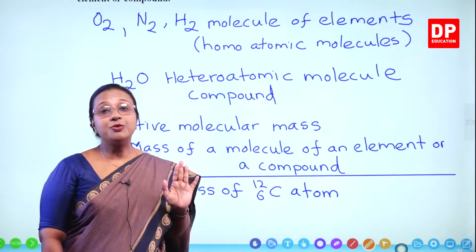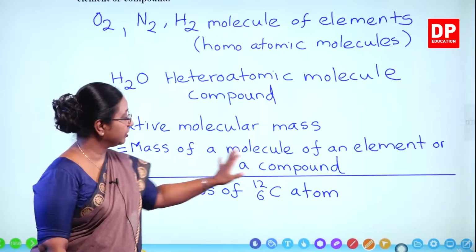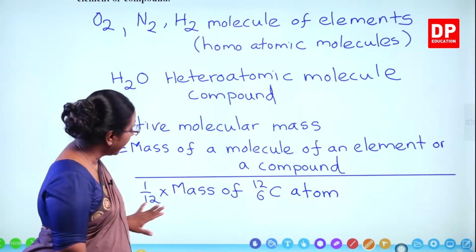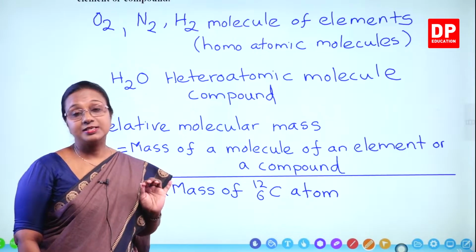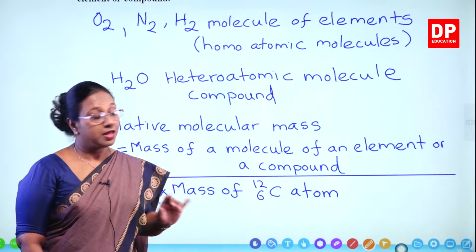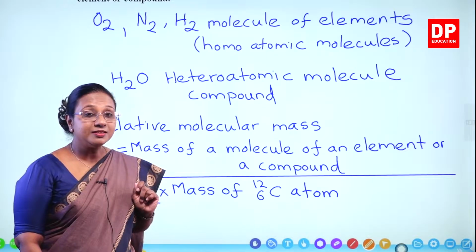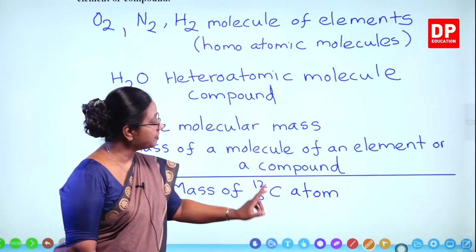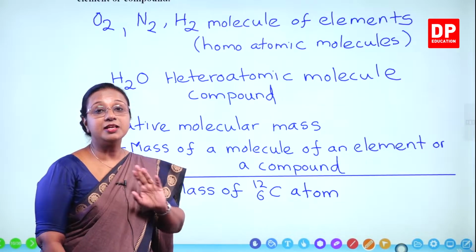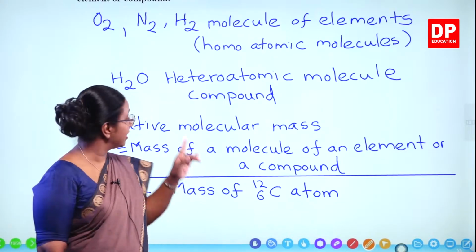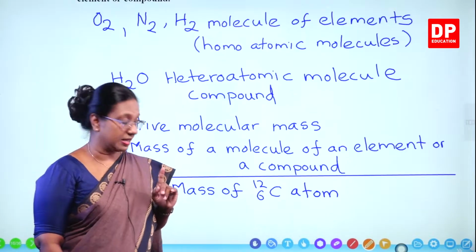So then you know what to do. We have to substitute the mass of a molecule here and we divide it by 1/12 the mass of 12,6 carbon atom. What is the unit? This is in grams. This is also in grams. So when you simplify, there is no unit for this relative molecular mass.